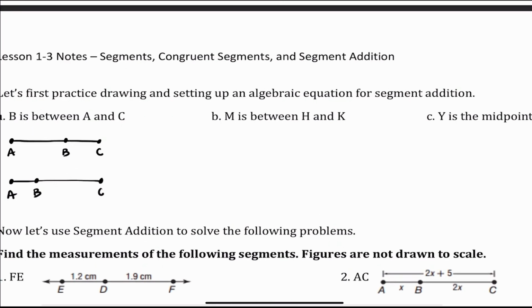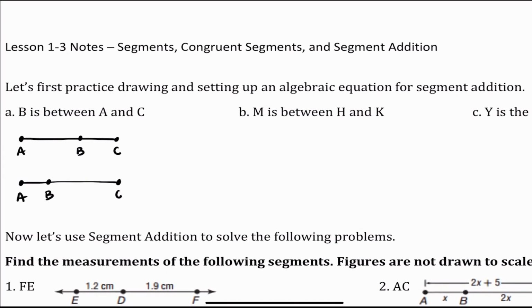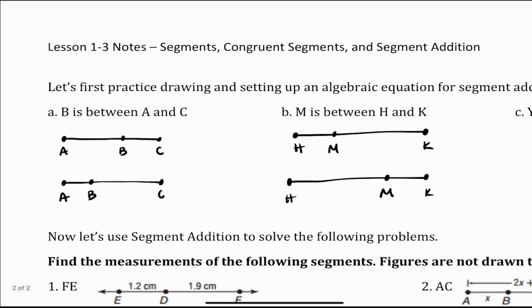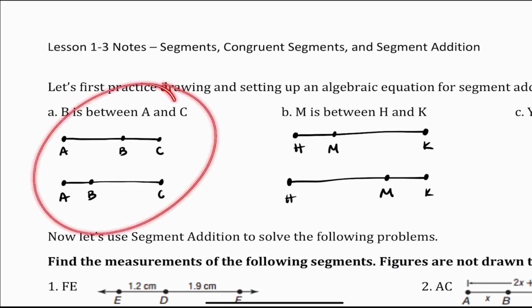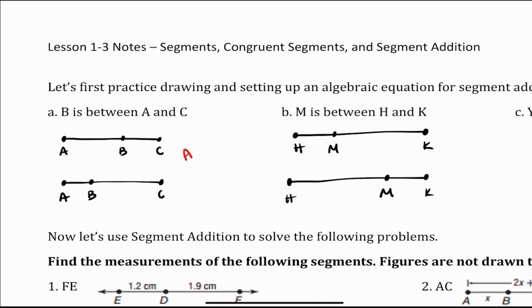All right, now let's take a look at B. M is between H and K. So H and K are our endpoints, and M has to be between those 2 points. So I'm going to go ahead and draw 2 examples. So we can go ahead and say that over here, AB plus BC, right?